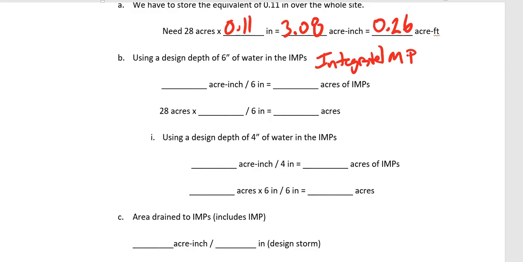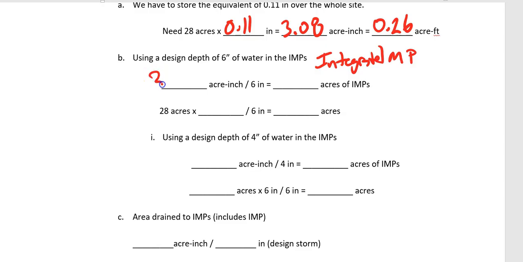So it says that this rain garden or whatever it is will store 6 inches of water, which is about 50 times that 0.11. So we don't have to have our MP or IMP in this case cover the whole site.